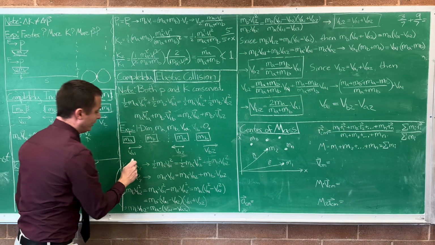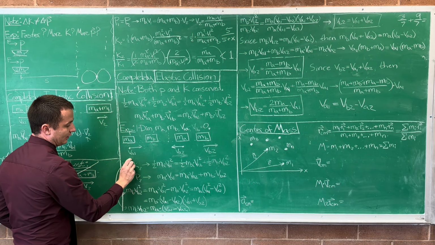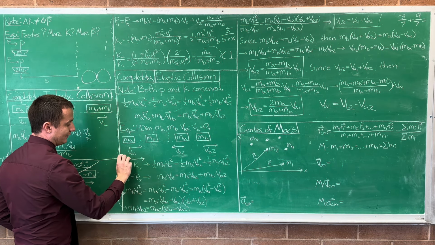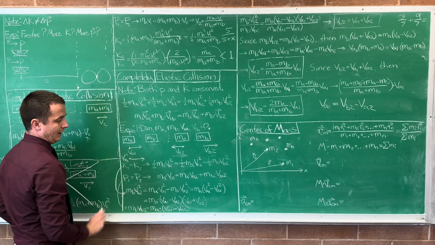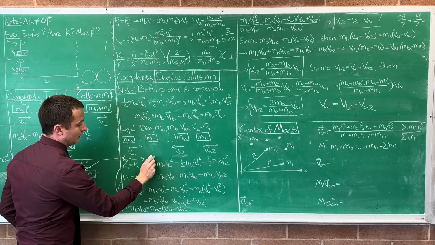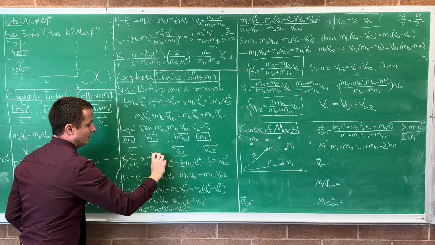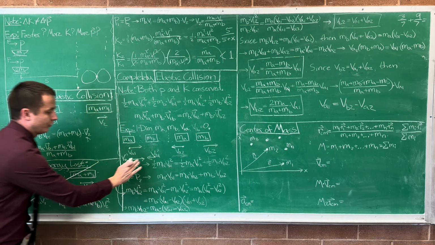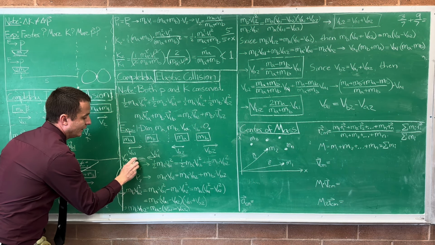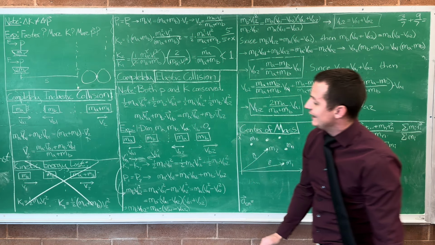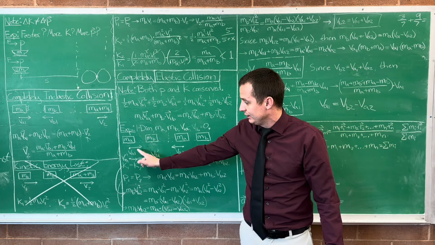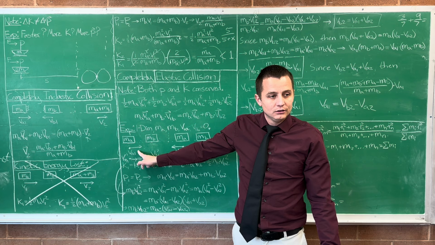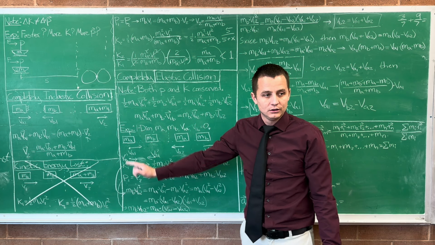Now in your reference frame, this object is moving with VA1 prime, and this object is moving with VB1 prime. We'll say yours are the prime coordinates, mine are just regular coordinates. What is the difference between what you and I say about this velocity? It's going to be smaller.